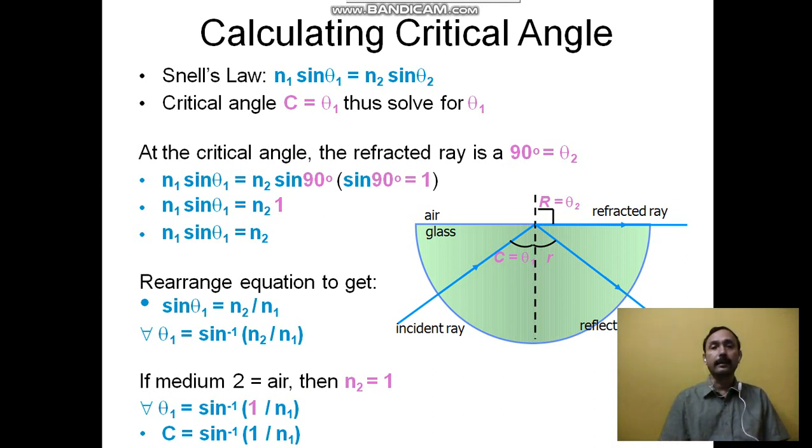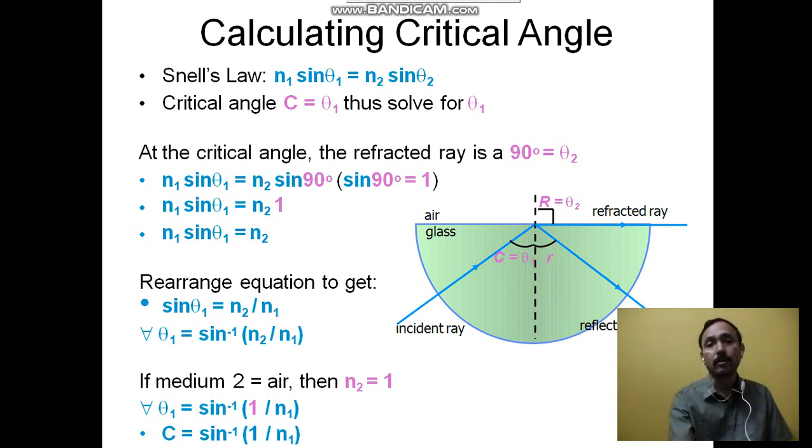Calculating the critical angle. From this picture, this is the refracted ray making an angle of theta 2. This is the incidence angle, theta 1. If C is equal to theta 1, then this is the reflected ray.